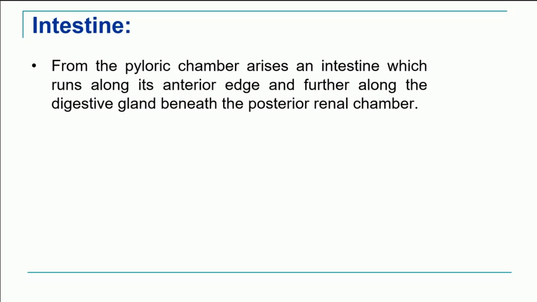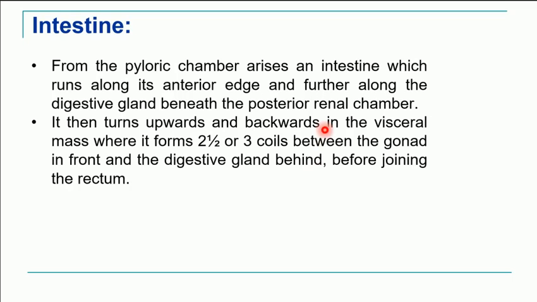So this is the position of the intestine. Now after that it turns upwards and backwards, and it forms 2.5 to 3 coils between the gonads and the digestive glands before it joins the final part of the digestive system, that is the rectum.